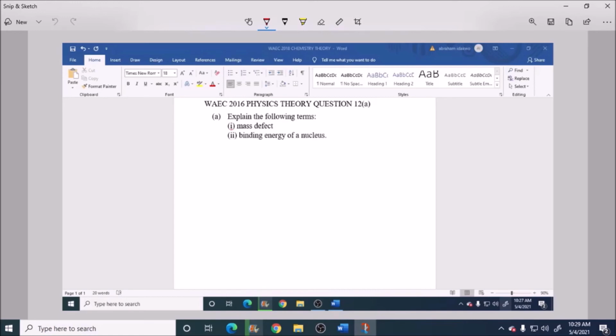Now, first, mass defect. Mass defect is the difference between the mass of a nucleus and the total mass of its nucleon.